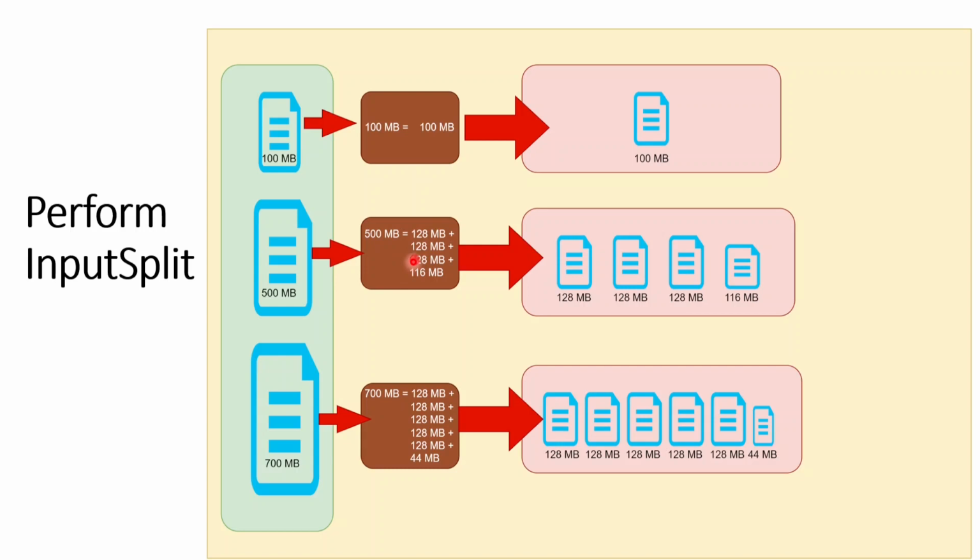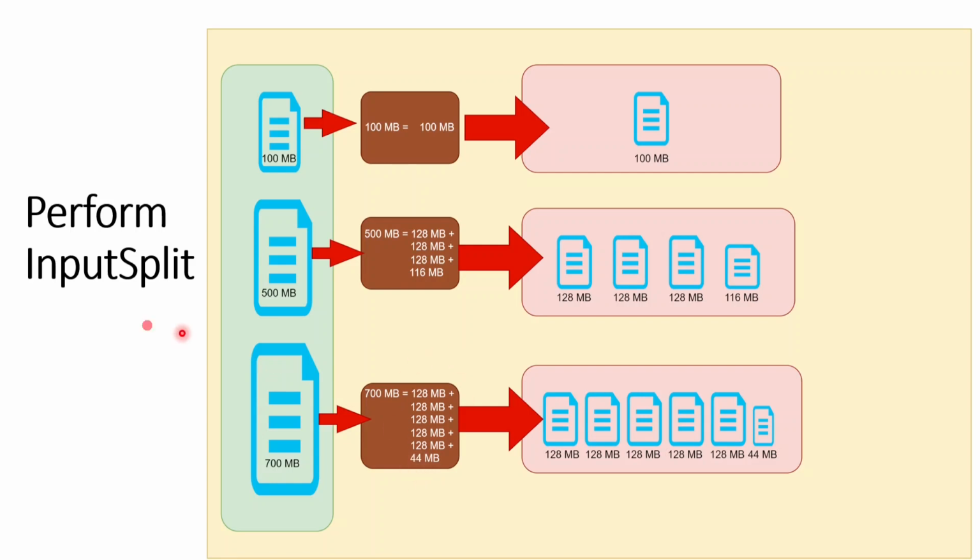And coming to the last file, 700 megabytes, again this is bigger than 128 megabytes, and it can be split. It is divided into 5 pieces of 128 megabytes, and the final piece will have only 44 megabytes. So basically this is divided into 6 pieces.